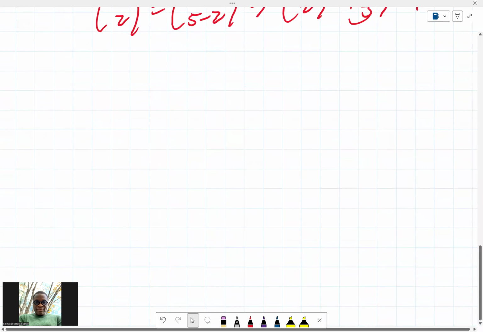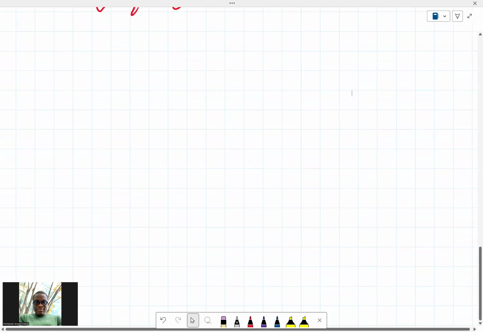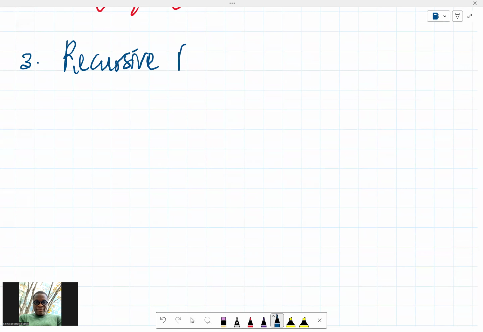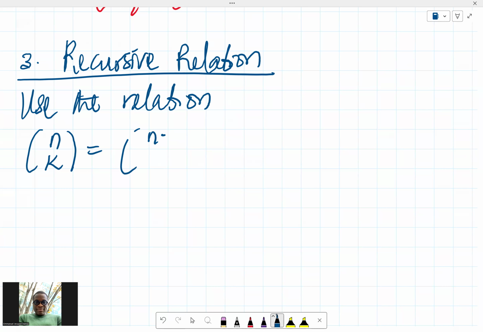Okay, so let's go to the third thing you need to pay attention to calculate the coefficients very quickly. The third thing would be the recursive relation. Here, you can use the relation which tells you that n combination k is the same thing as n minus 1 combination k plus n minus 1 combination k minus 1.